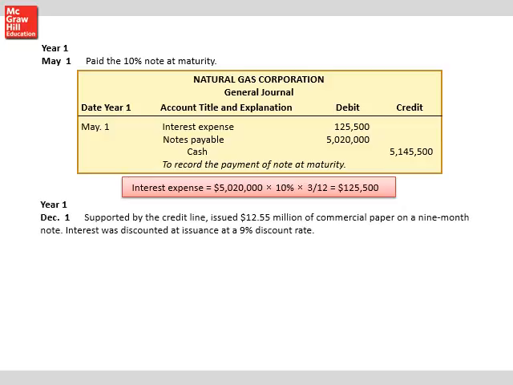Now, we're going to use the line of credit as guarantee to issue commercial paper on a 9-month note. And you'll notice the reason that we're doing that is because we borrow from the bank at the prime rate of 10%, but we can issue this note at 9%. So we're going to save a little bit of money by going through and issuing the note.